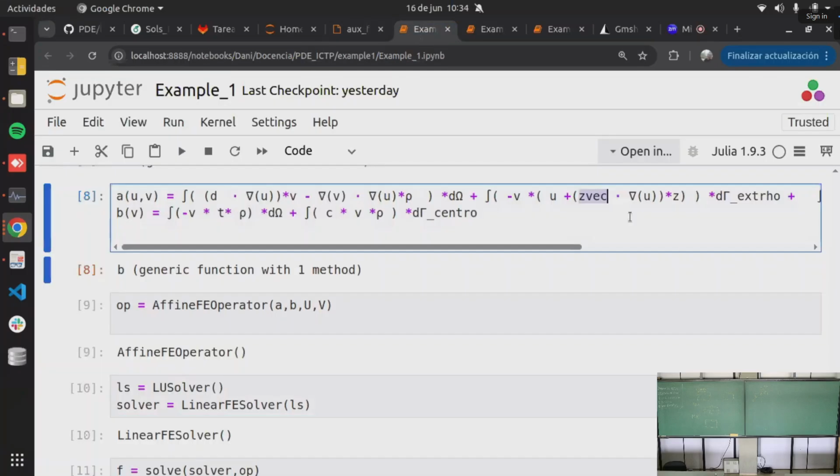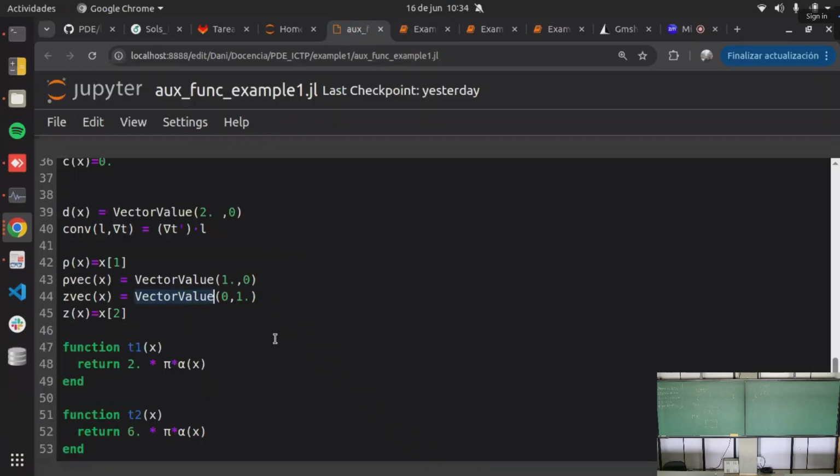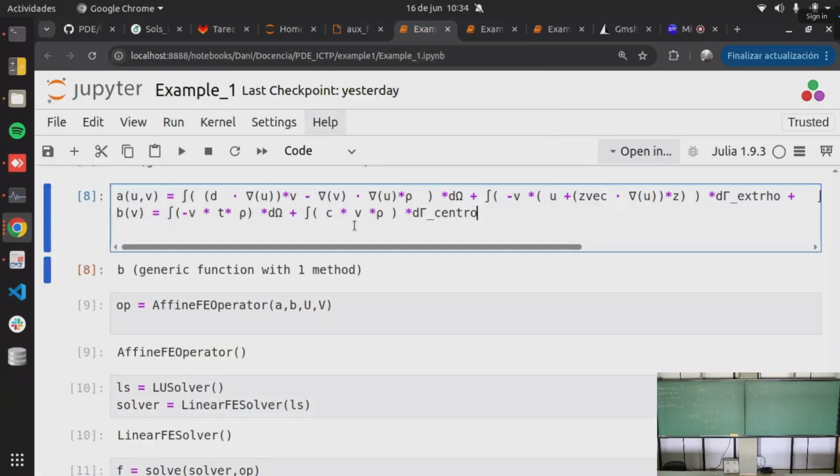So here we perform the dot product. Okay. Yeah, D is also a vector value here. So this script contains all the information of the structure of the weak form of the equation.